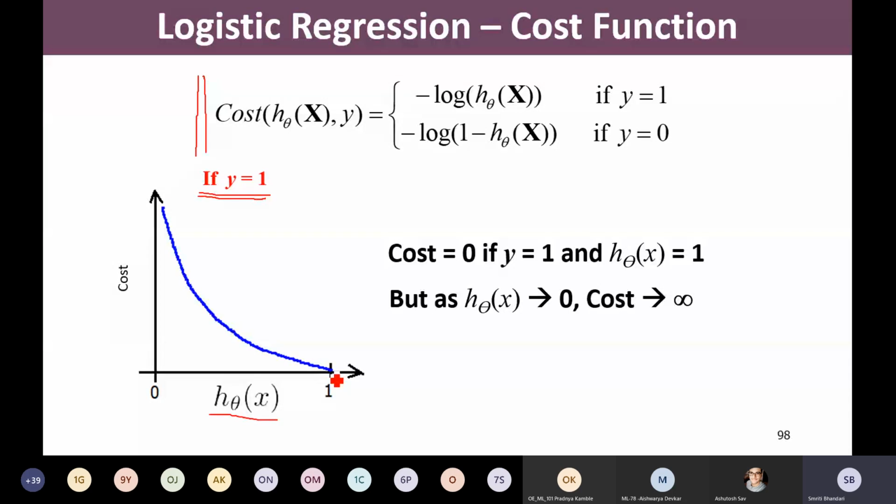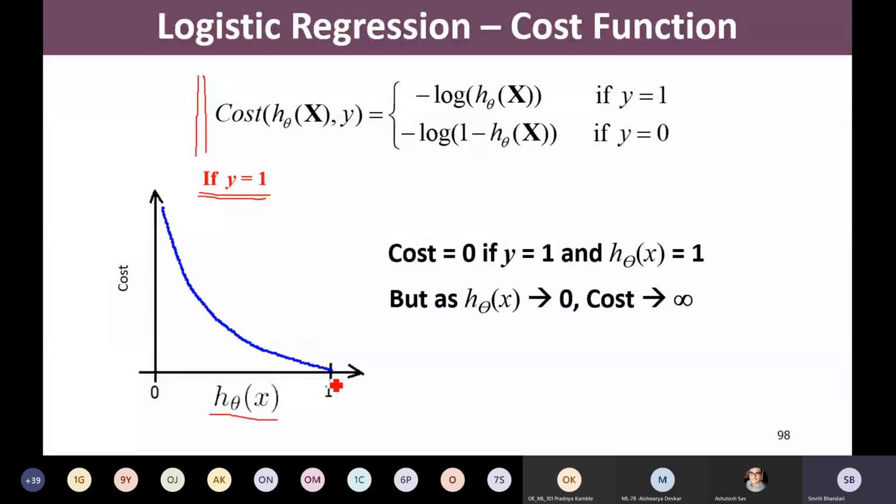Then obviously the cost associated is 0. But if the actual class is y equal to 1, but my hypothesis is producing something which is less than 1, then obviously it is associated with some error or cost.